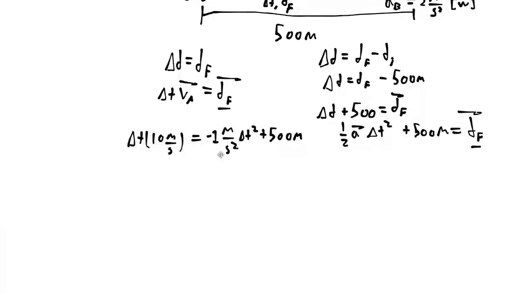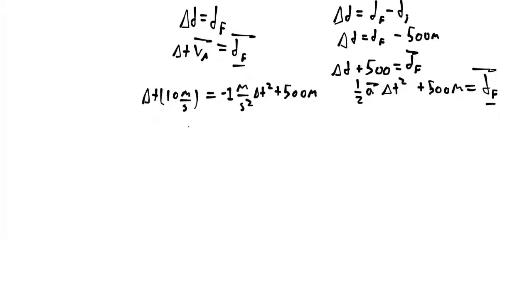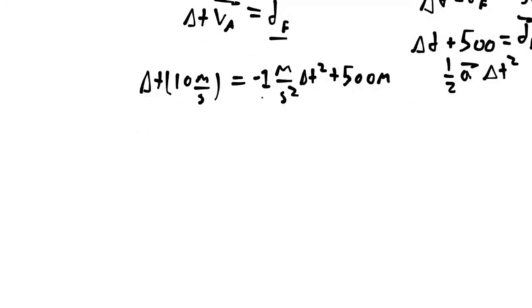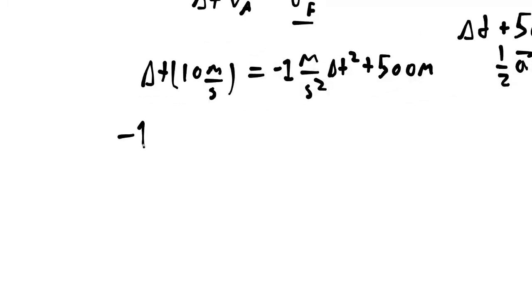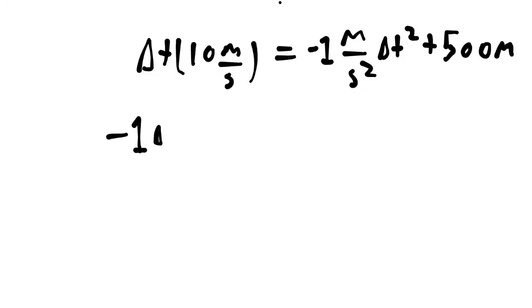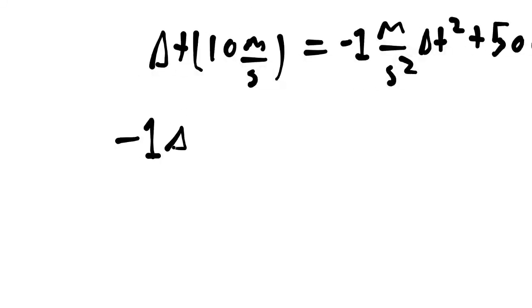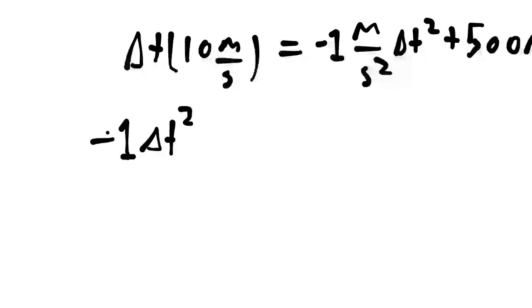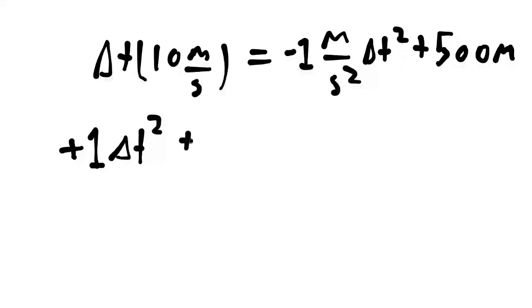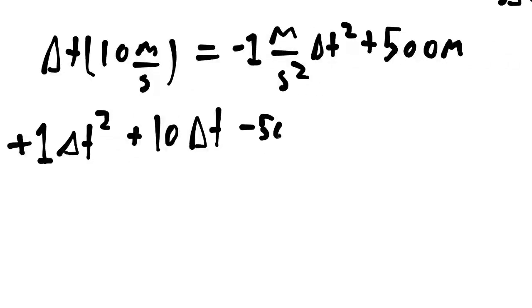Okay, and then you just rearrange. So you're going to put everything to one side. And then I'm going to take away all these units right now, just to make things easier. This becomes positive when you move it to the other side. And then plus 10 delta t, minus 500 equals 0.